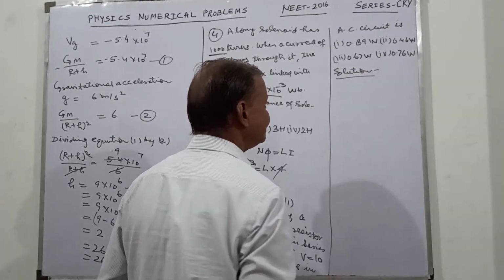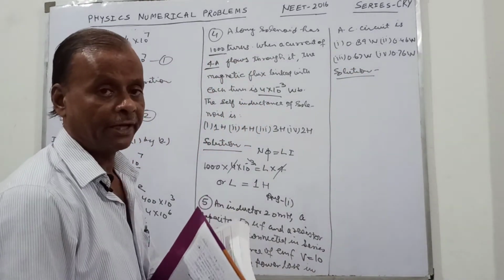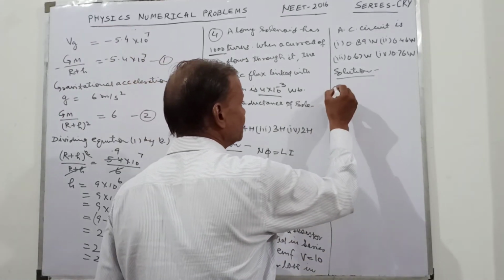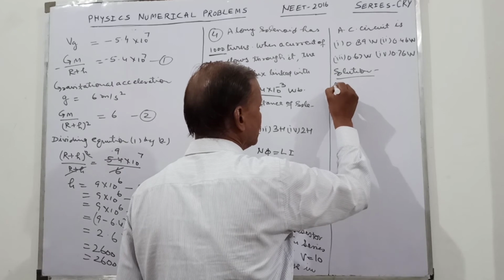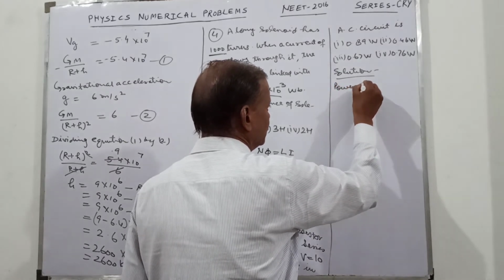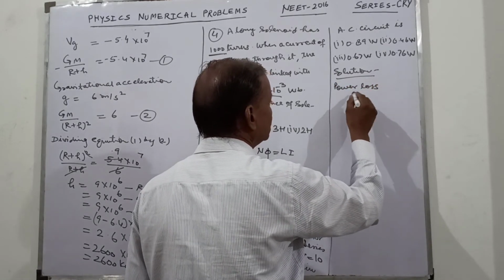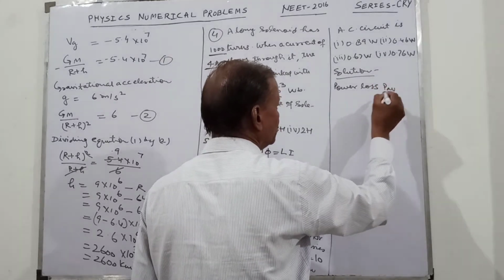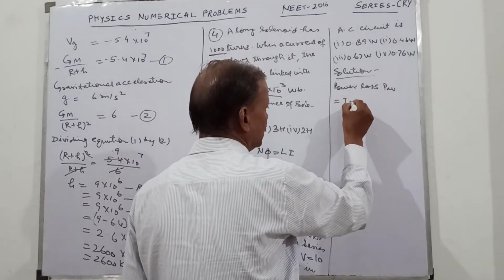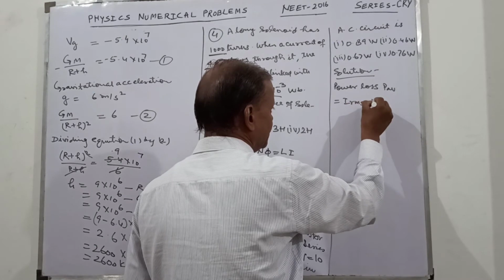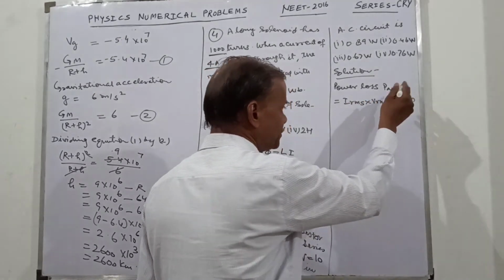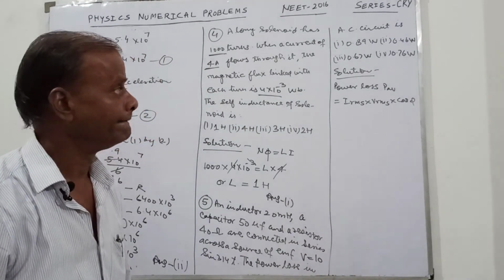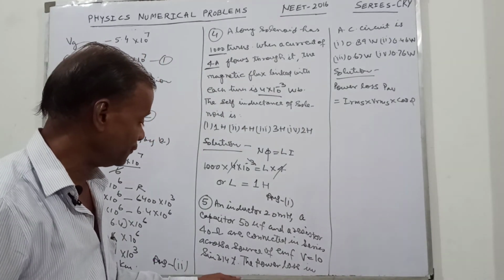Solution. The average power loss, P average, is equal to I RMS into V RMS into cos phi. This is the formula, but here this I is not given.